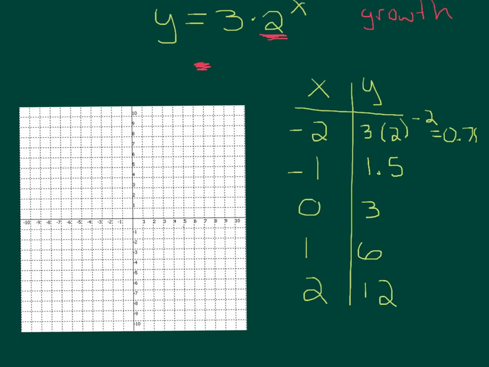So let's plot all of these points. -2, 0.75, -1, 1.5, 0 is 3. Hey, and that's the y-intercept, and if you notice here, that's the value of a. 1, 6, and then 2 already is off of our graph, up at 12.